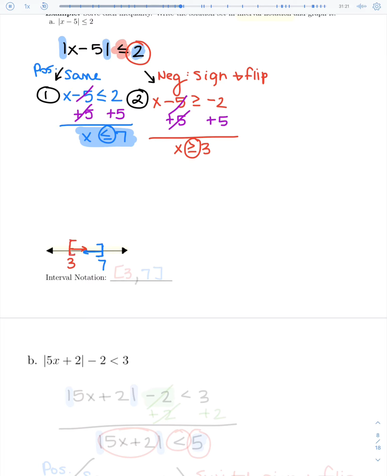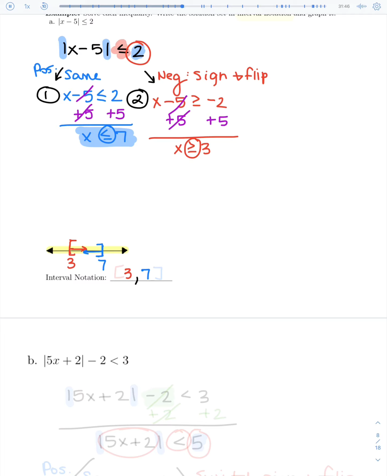So if we were to read this interval graph from left to right, we could come up with the interval notation that the graph starts here at 3 and ends at 7. So we'd have 3 to 7 with a comma in the middle.